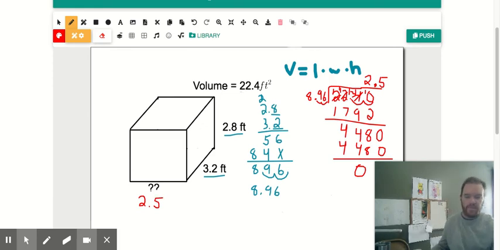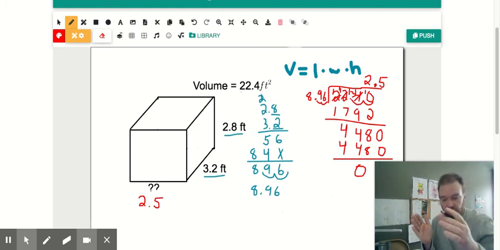All right. So I know the multiplying and the dividing ends up being a lot of work, but this process is not a lot of work.